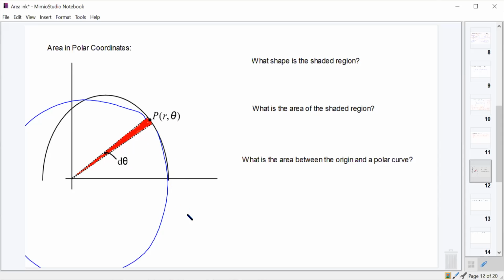Kind of like when we try to draw rectangles underneath a curve, those rectangles don't match up perfectly with the curve. They just come close to it. Well, same with this. The sector of some circle matches up pretty closely with this curve, but not perfectly. But it is a sector of some circle going around there. So this shape is a sector of a circle.